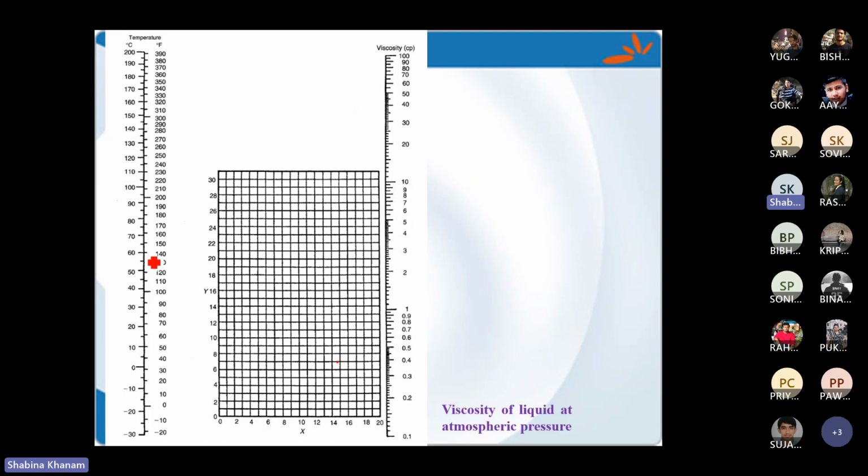So let's say your average temperature is coming as 60 or 50, whatever. If it is 60, you need to draw a straight line from this point following this dot, and wherever it cuts this, what we can say, right scale, that value you need to choose as viscosity.